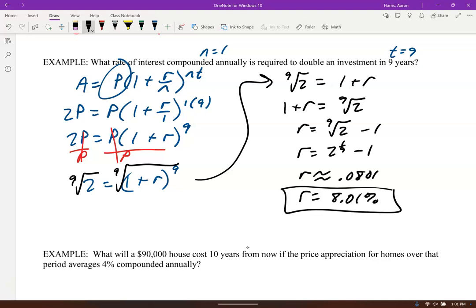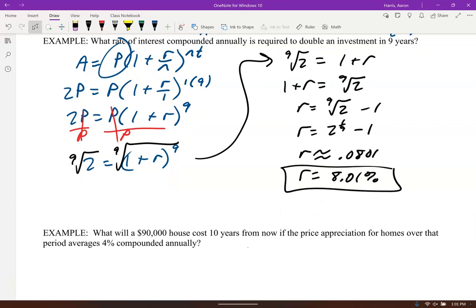All right, our last scenario. What would a $90,000 house cost? Boy, it'd be nice to have a $90,000 house. Cost 10 years from now, if homes appreciate 4% annually, compounding annually. So we can use that compound formula on this as well.